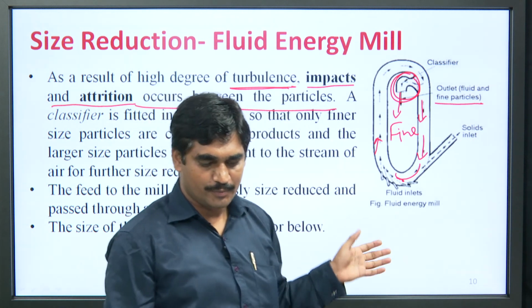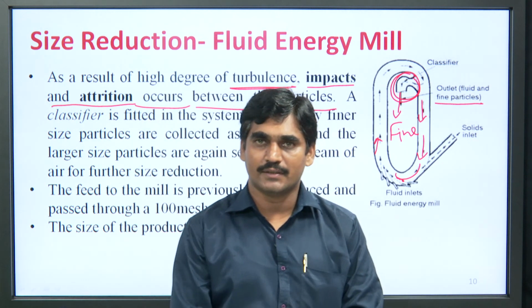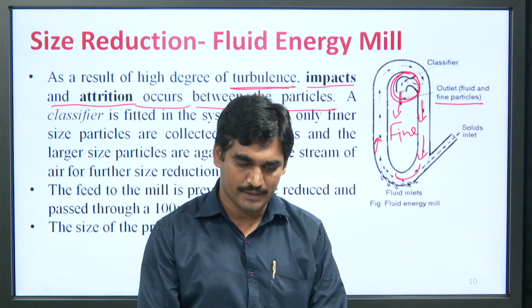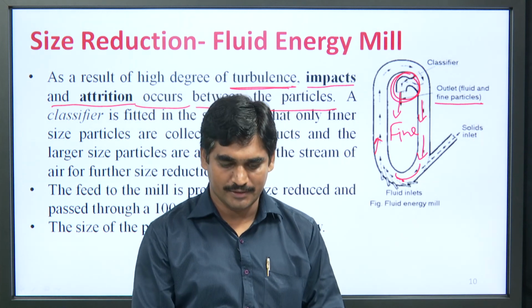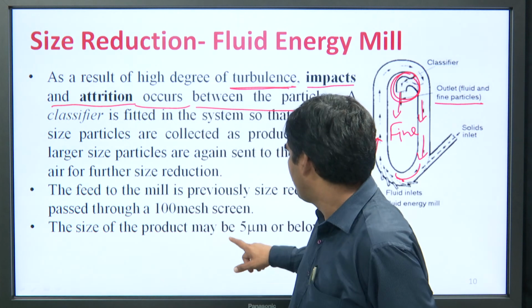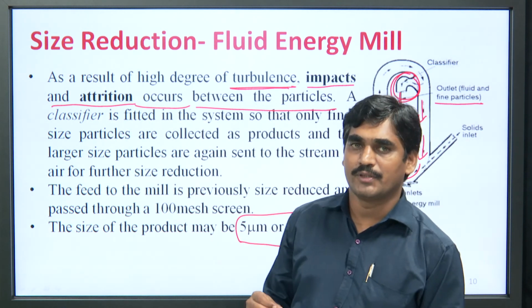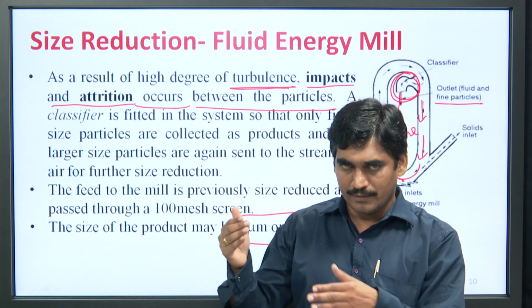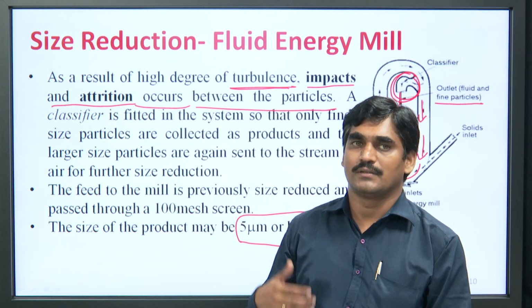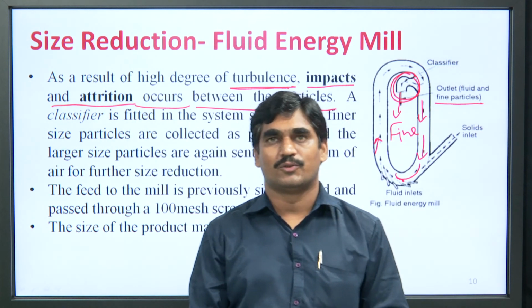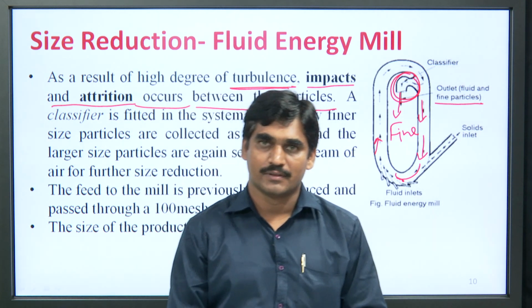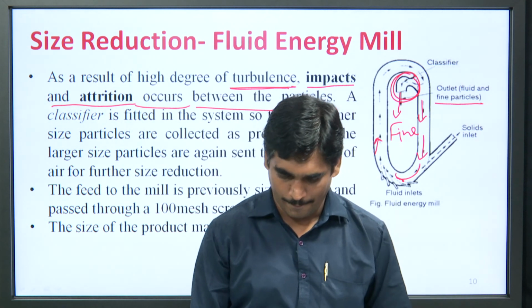The size of the product obtained with the help of the fluid energy mill is 5 micrometer or below. That means a minimum of 5 micrometer, and below that size range the products can be obtained with the help of this fluid energy mill.